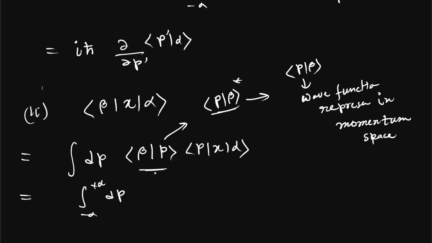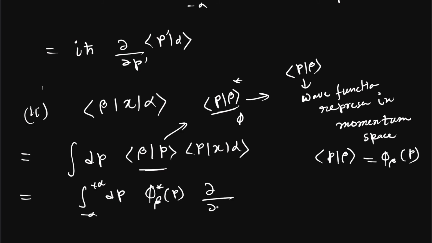If we take p β equal to φ β, a function of p, then this is φ β star p, and this is iħ ∂/∂p of α.